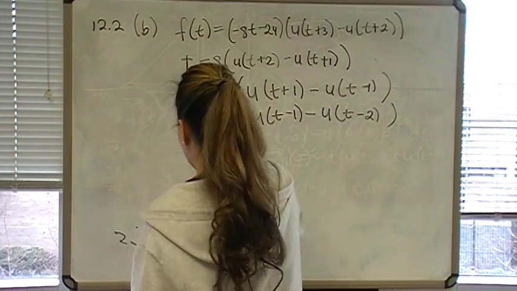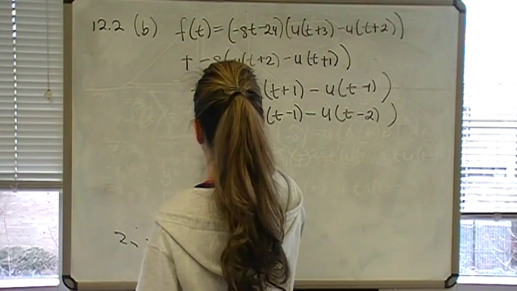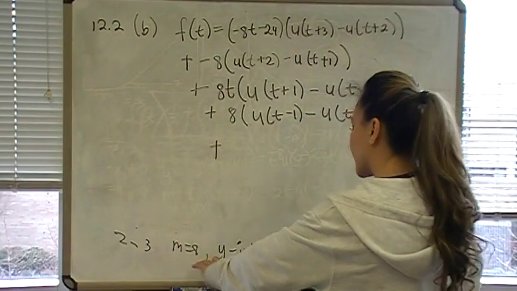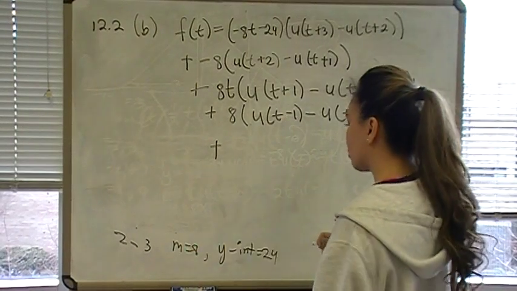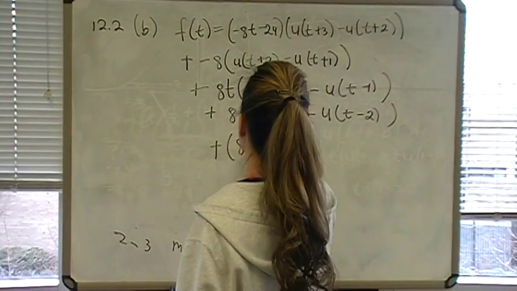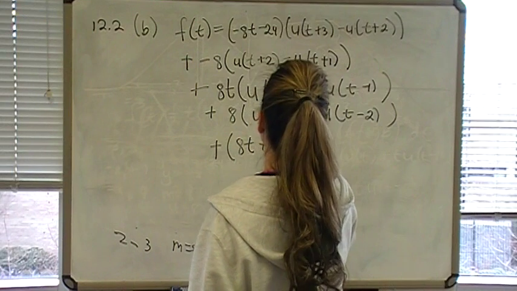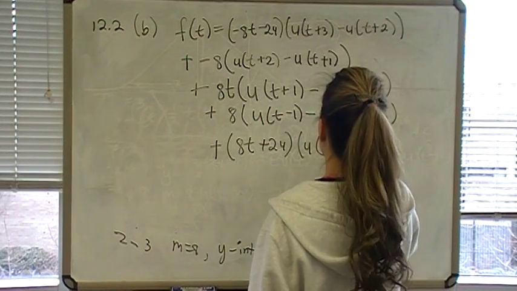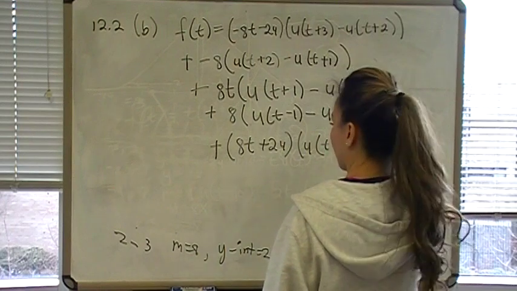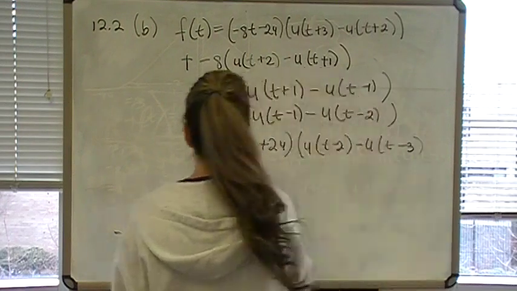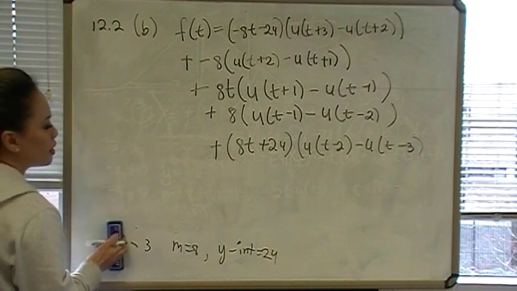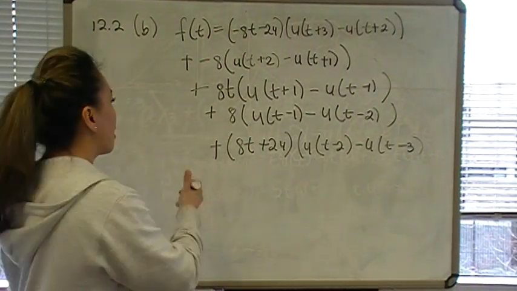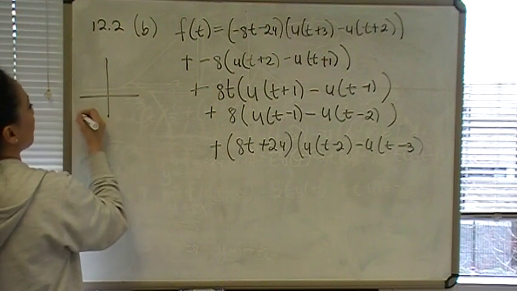And the last interval is from 2 to 3, and that equation was described by y is equal to 8t plus 24. So we have 8t plus 24 times u of t minus 2 minus u of t minus 3. So that is the piecewise function that describes the original function that we saw.